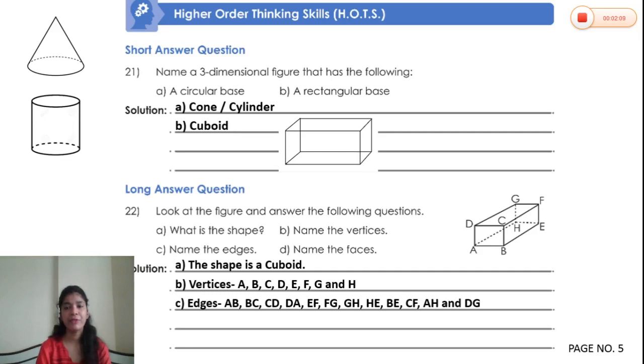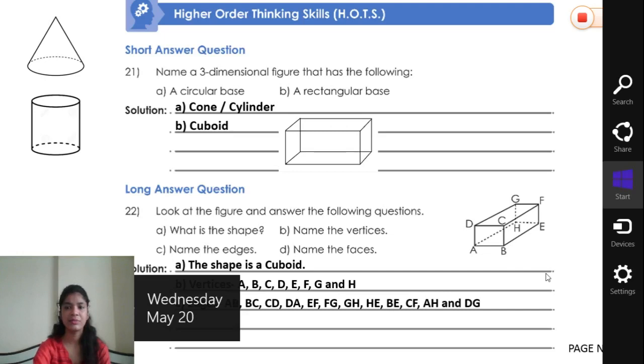Now name the faces. Faces means the plane surfaces of this 3D shape. That is A, B, C, D. It is the one face, one small box. Now D, G, F, C. Another face.